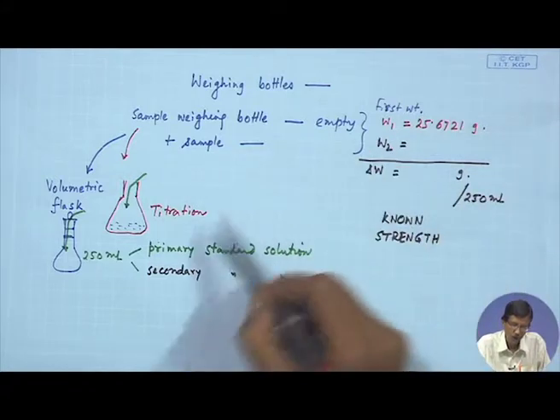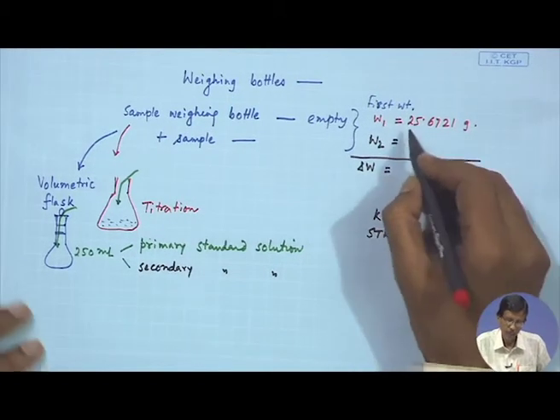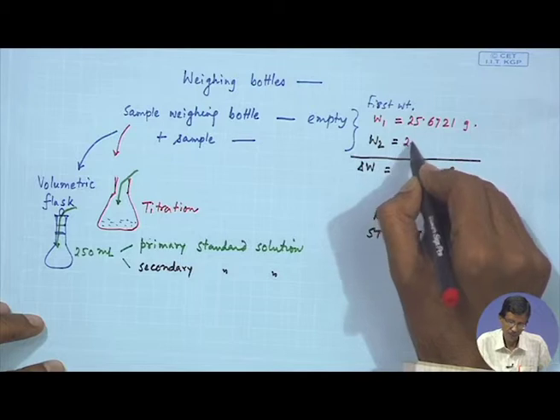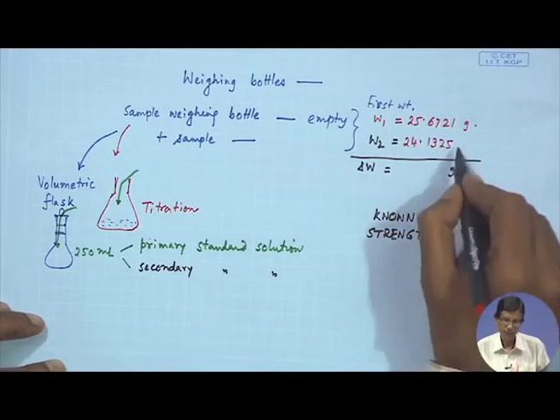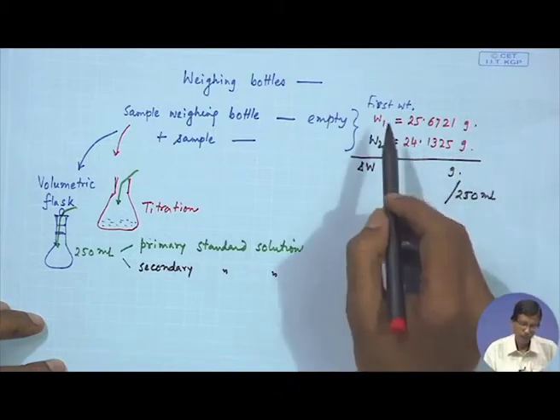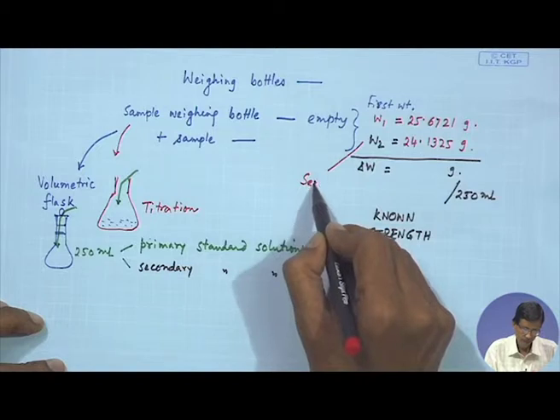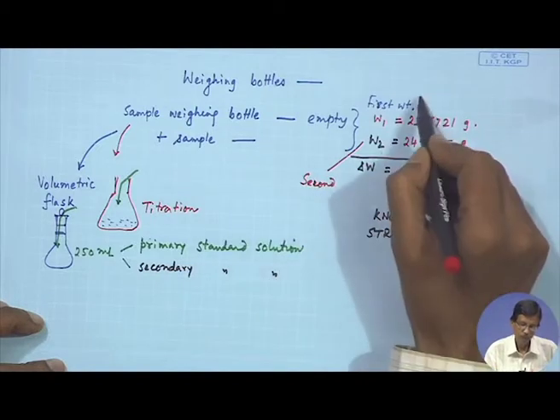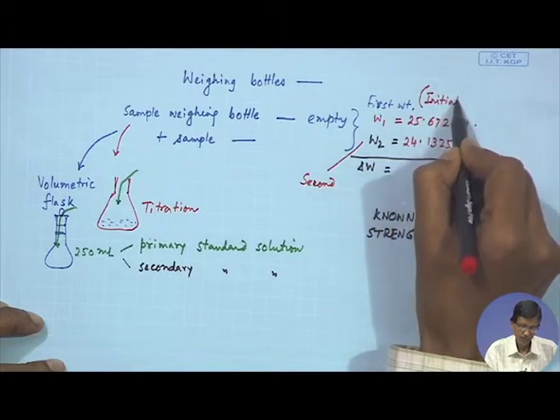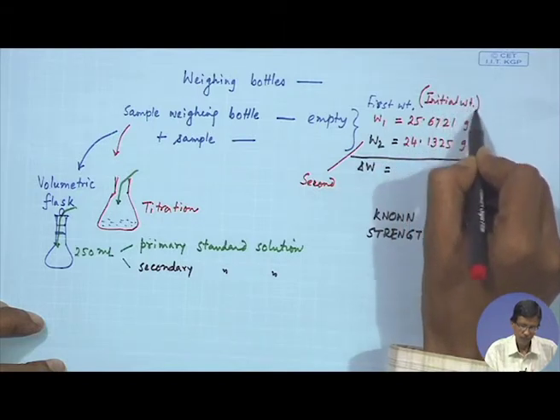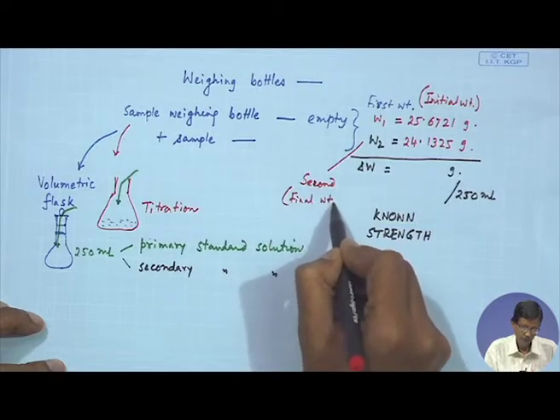So, after this transfer, what will happen? You have the weight which is less. So, say it is 24.1325 gram. So, the first weight and this can be your second weight, or sometimes we call it the initial weight, and this the final weight.